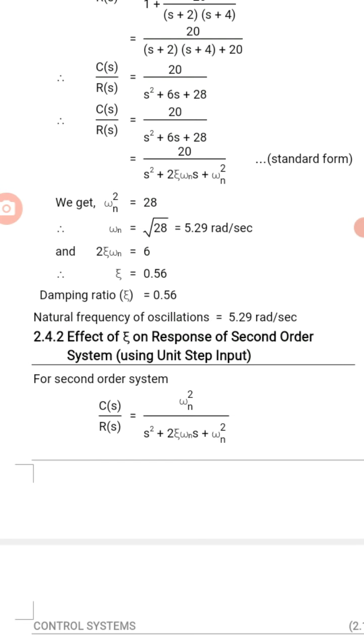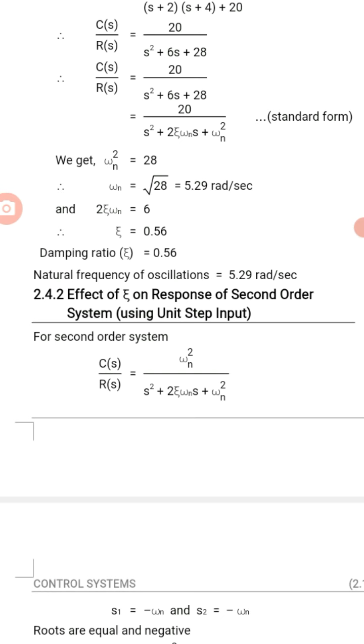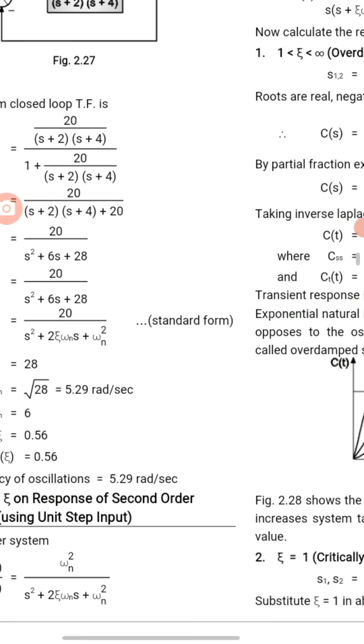A parabolic input is also there. So these are four types of inputs that we can apply. For second order system, C of s upon R of s is equal to omega n square upon s square plus 2 zeta omega n into s plus omega n square.